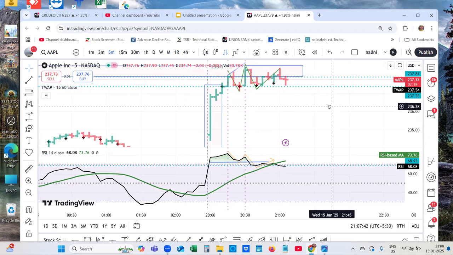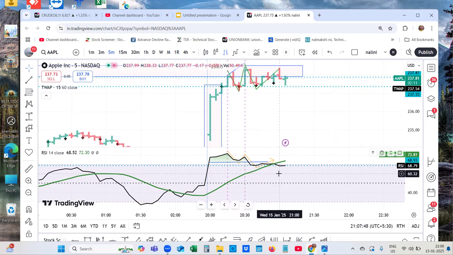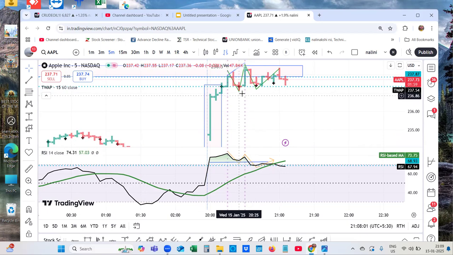So, still, what happens, you can closely observe this. Still, this moving average, there is no bend in the moving average, right? There is no bend in the moving average, as well as there is no bend in the average weighted price.